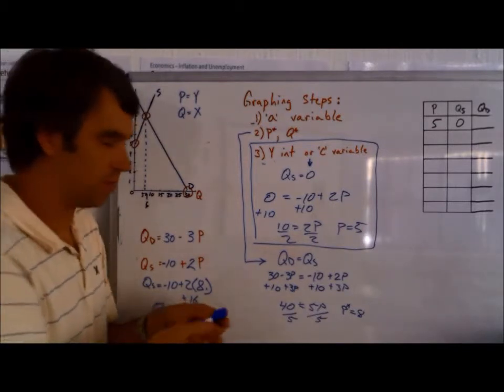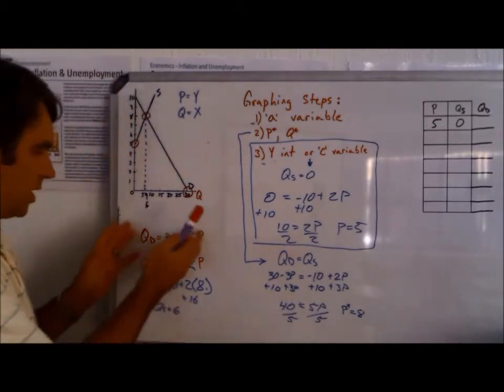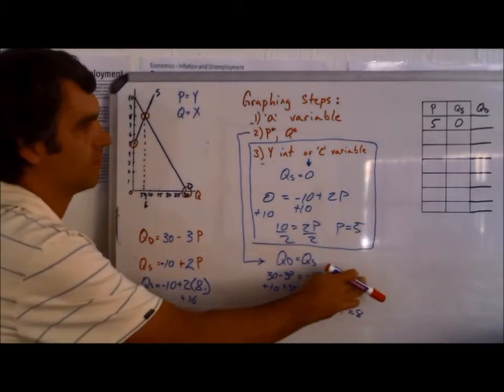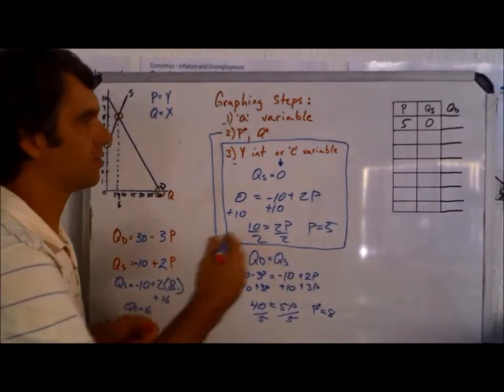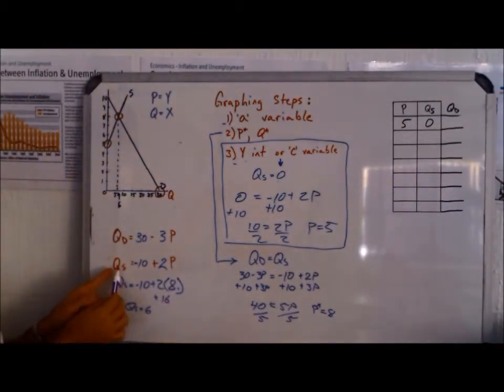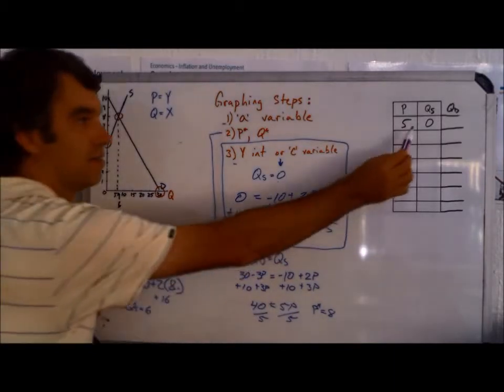The last thing that you want to be able to see here is, once we know all of this, it's also good to see this mathematically over here. So you ought to be able to see that if I take the price of 5 and put it into my quantity supplied formula, quantity supplied equals negative 10 plus 2 times 5, which is 10, so quantity supplied is 0.